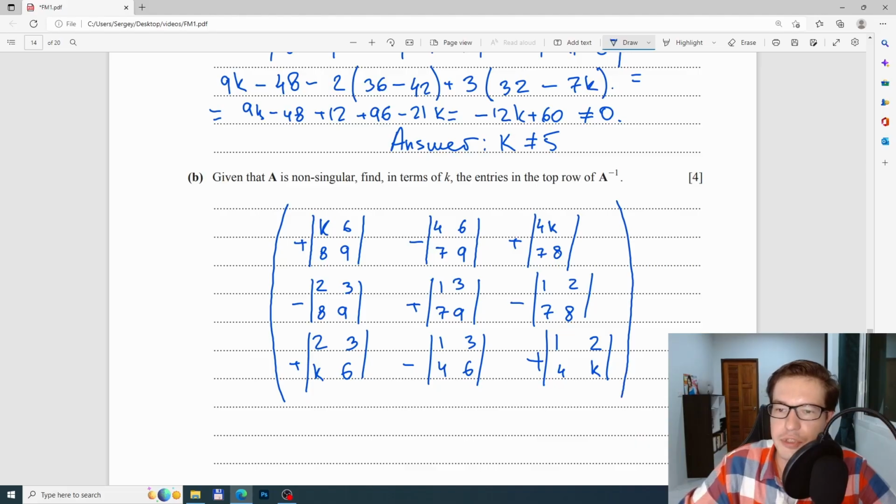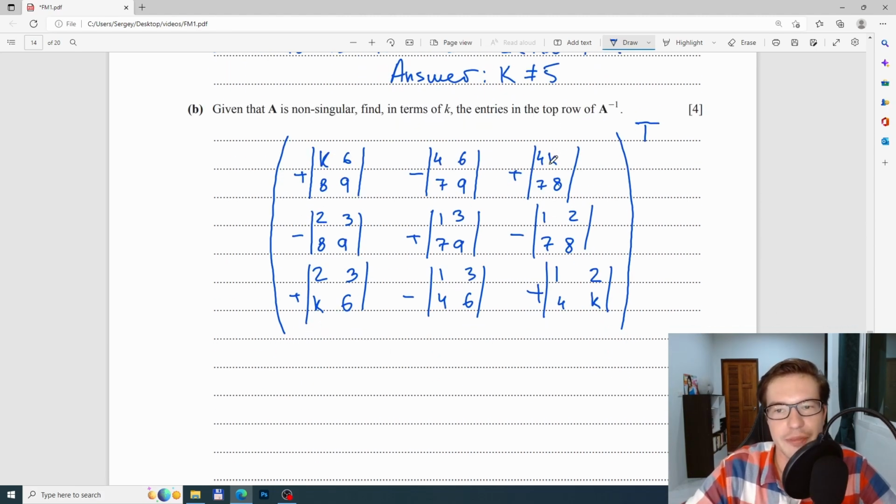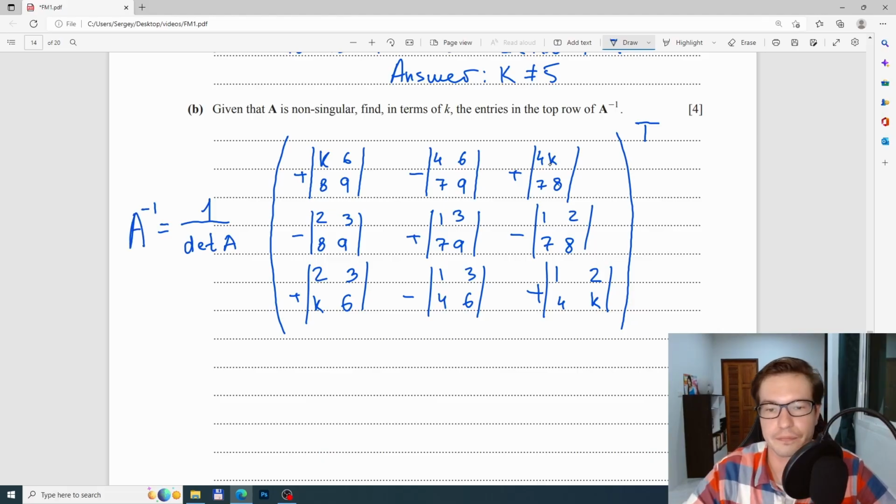Then I will have to transpose this matrix, which means each row of a matrix becomes a column of a new one. But that's not it. To find the inverse, I would have to multiply each element by 1 over the determinant of the original matrix. And finally, when I do all these steps, I will get the inverse of the matrix.